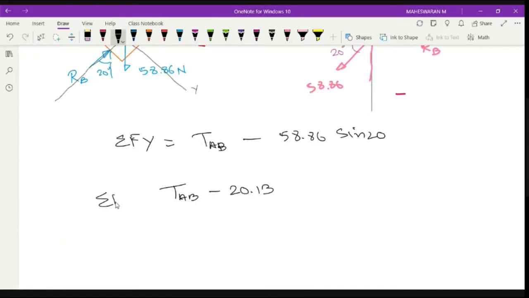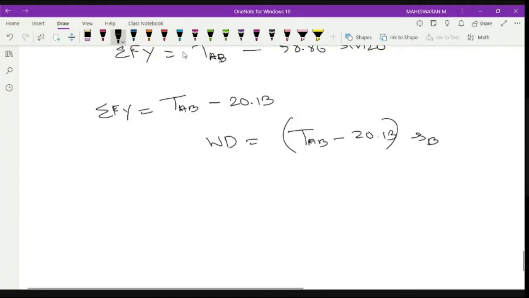This is my sigma Fy. Again, I can equate it, so I can identify what is my work done. So TAB minus 20.13 SB. And I can also identify what is my energy. I'll put it as one step, so no need to repeat it again.